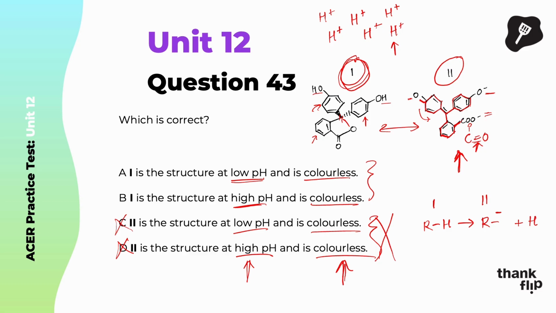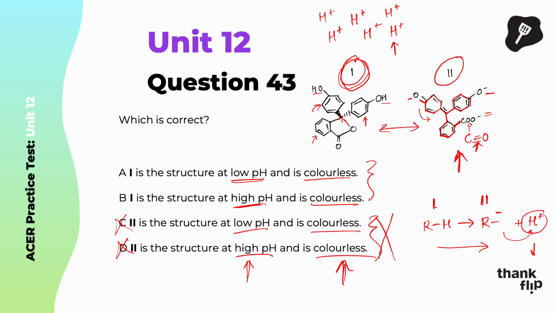Because you've lost that H, it becomes a proton. It's being ionized, right? So this reaction is more likely to move forward from compound 1 to compound 2 if you have fewer hydrogen ions in solution, right?